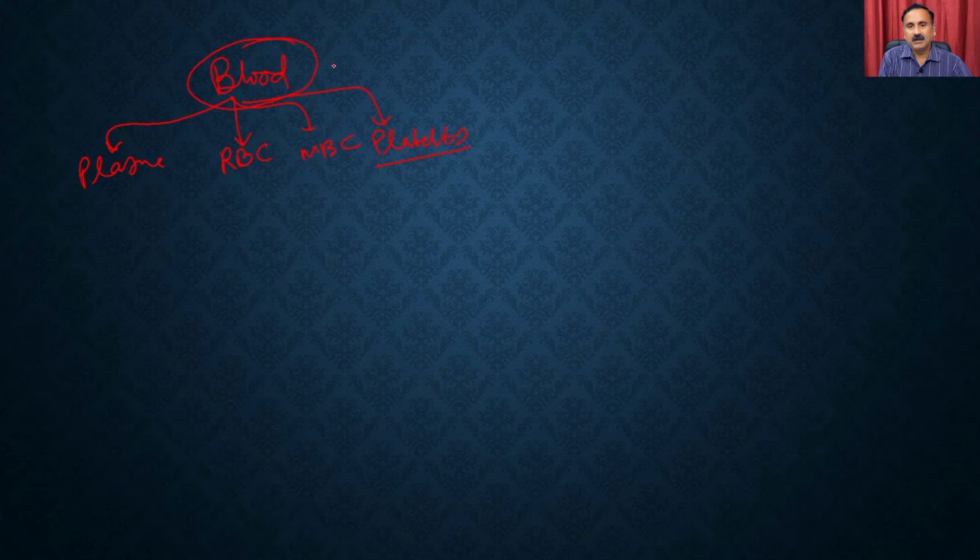But the blood is flowing within the blood vessels, right? While the blood is flowing in the blood vessels, it carries different types of products. It carries nutrients, lipids, proteins and all that.